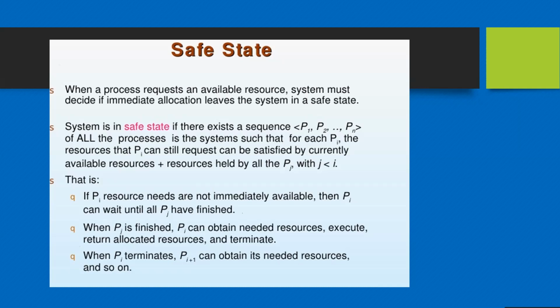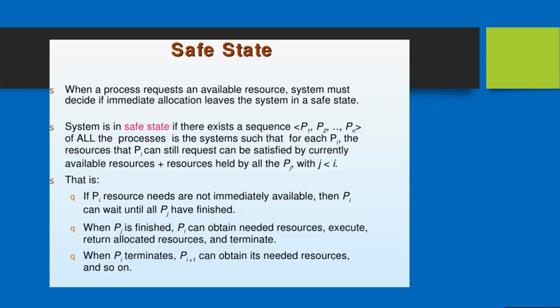The system is in a safe state if there exists a sequence P1, P2 up to Pn of all the processes such that for each Pi, the resources that Pi can still request can be satisfied by currently available resources as well as resources held by all the processes Pj, where j is less than i.